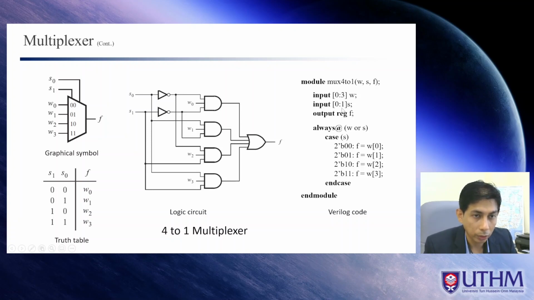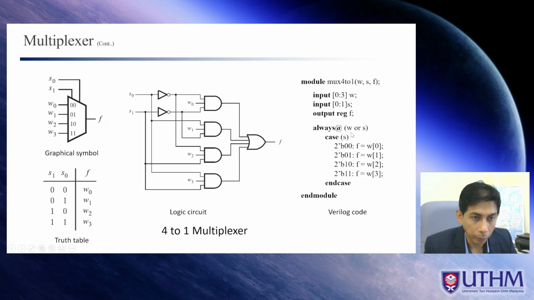And S also we can have in the form of a vector, so we have S0 and S1. And the output, of course, needs to be declared as reg also, and has only 1 bit, so we don't have a vector.